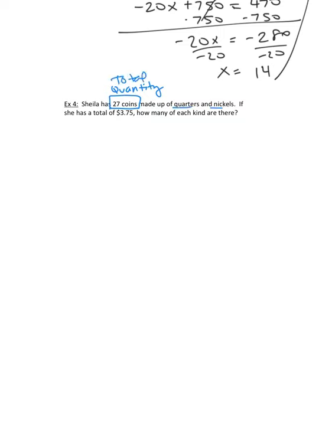I know that they're made up of quarters and nickels, but I don't know how many of each. I'm going to say let x equal my quantity of, and it doesn't matter which one you pick, I'll just pick the first one, quarters. If there were 27 coins altogether, then 27 minus x, whatever's left of the 27 coins, is my quantity of nickels.